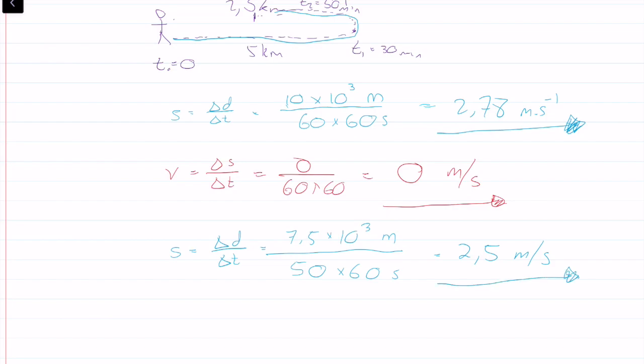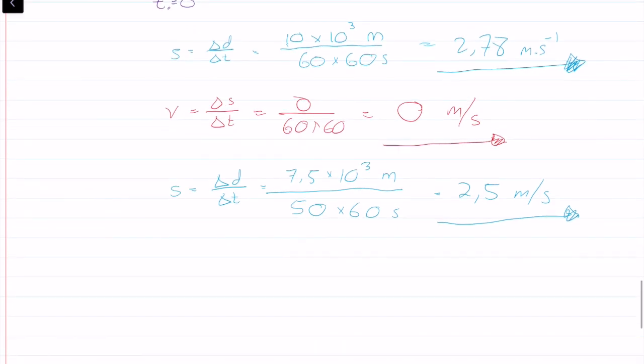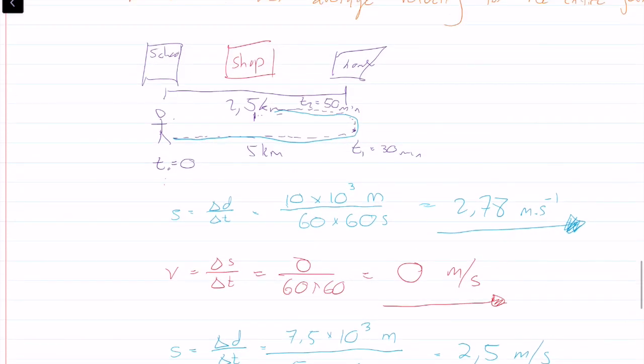Now I want to figure out the velocity. The velocity is my change in displacement over my change in time. What is my change in displacement? I started at this point, 0, and I'm taking right as being positive. I start here and I end here. The distance between these 2 points is 2,5 kilometers.